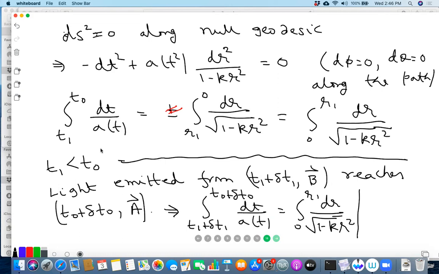On the left hand side, the integral can now be written so that the t1 to t0 integral cancels. So you have an integral from t0 to t0 plus delta t0, and you have to subtract from there an integral from t1 to t1 plus delta t1. So this tells us basically that delta t0 over a of t0 minus delta t1 over a of t1 is 0.